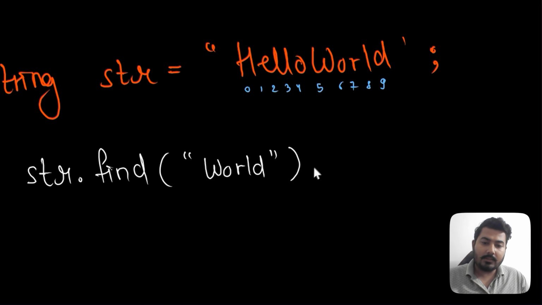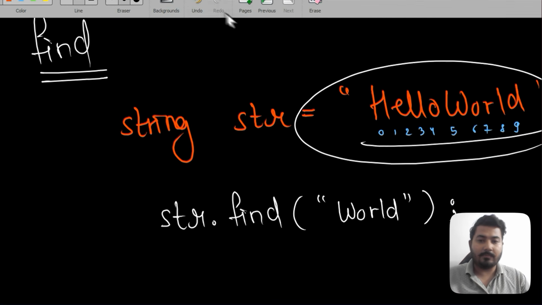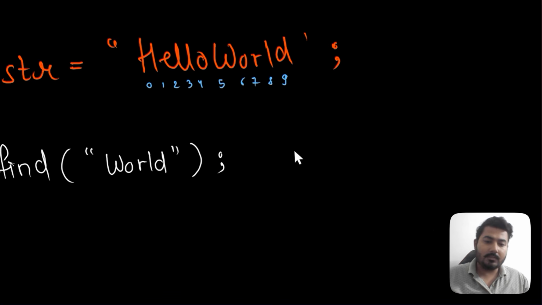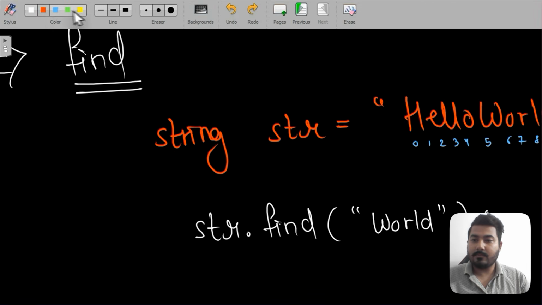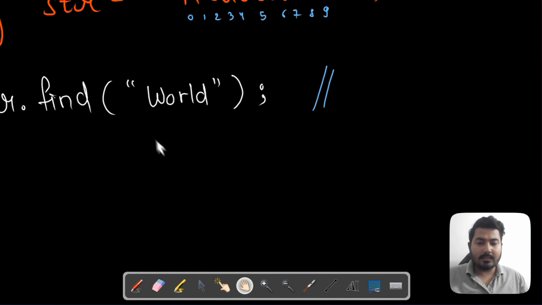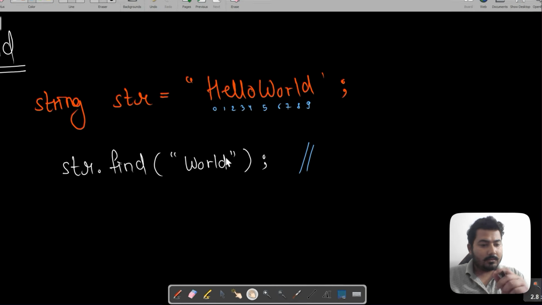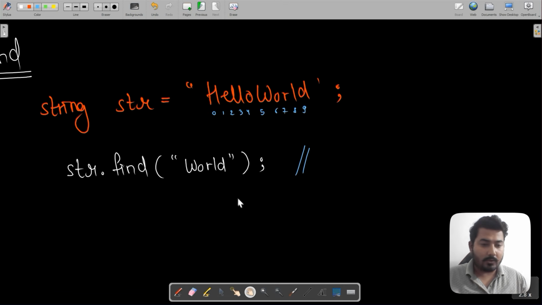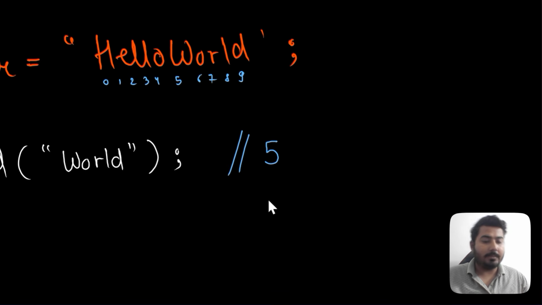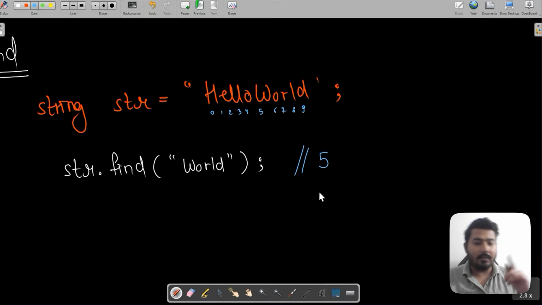I am looking for this string inside this string. This function will return the first index of your string. As I can see, WORLD is present here and starts from index 5. So in this case our output will simply be 5. It will simply return a number.